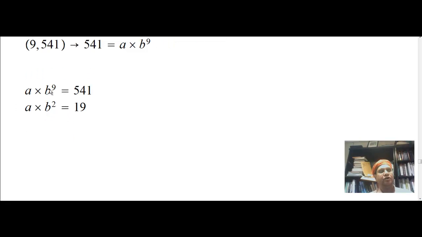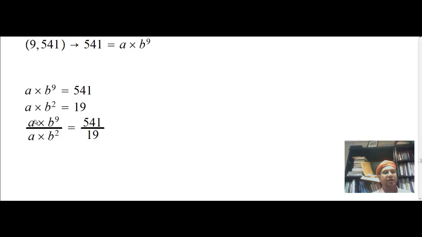What I would do is divide this equation by this equation. So on the left hand side I got that, and on the right hand side I have 541 over 19.